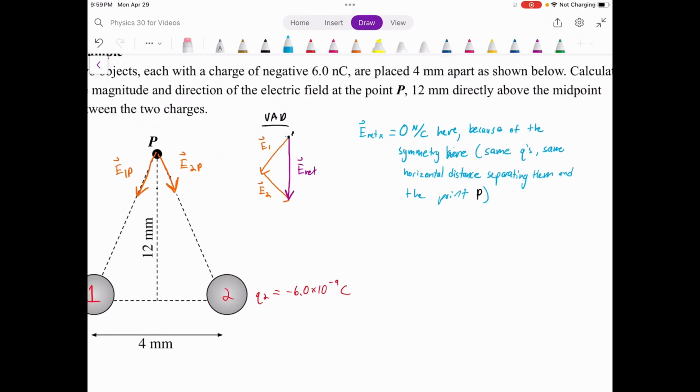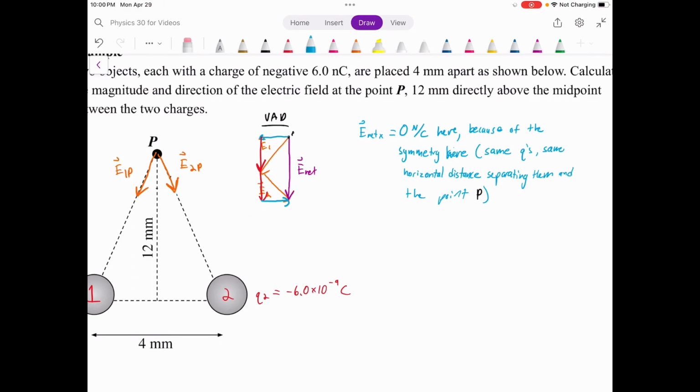So what does that mean for our net electric field? Well, it's just going to be the result of adding the y components. It's whatever we get when we add electric field 1's y component to electric field 2's y component. You can even see that this net electric field is just the same as this plus this. This is the same as this.